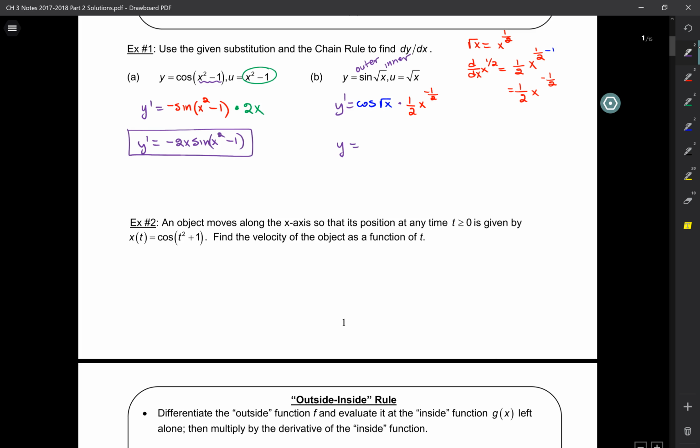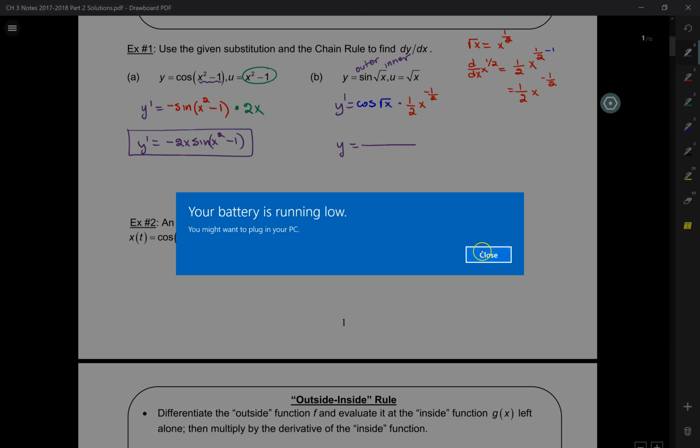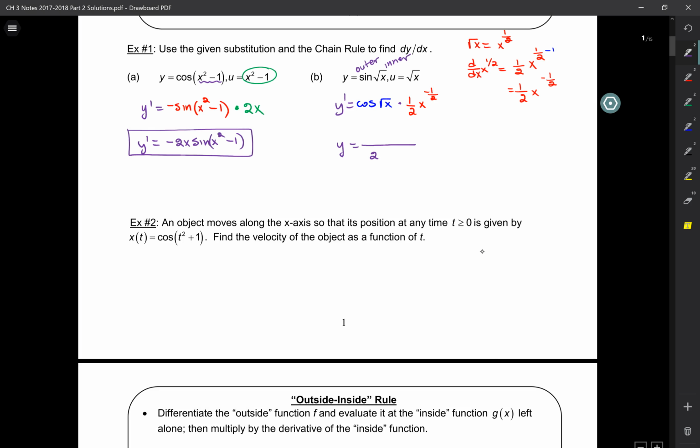So, why don't we write this? There is a fraction, right? Because we have a 2 underneath. On top, what do I have? I have cosine root x. Now, what about that pesky x to the negative 1/2? Can we put it in the denominator?